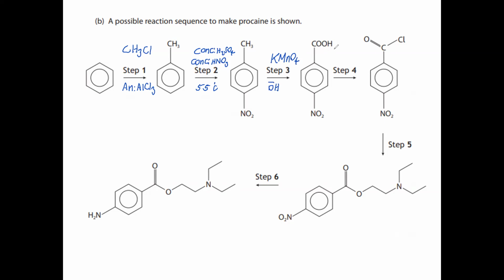Then in step 4, we make this OH group into Cl. That means we have to add PCl5. When you add PCl5, the OH group gets replaced by a chlorine atom. So in step 5, the chlorine atom was here, and now this huge part of the molecule is attached to it.